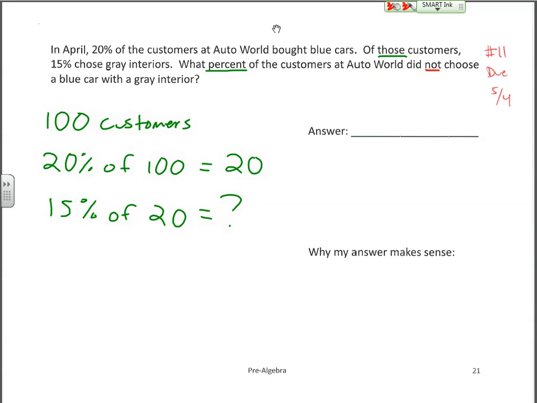Well, if 60% did, it means that 40% didn't, right? If 80% of a group do something, that means that 20% of the group didn't, right? So the answer to this is going to be what's left after you find the percentage that did buy blue cars with gray interiors. The rest of the group, what's left, is your answer, those that did not choose it.